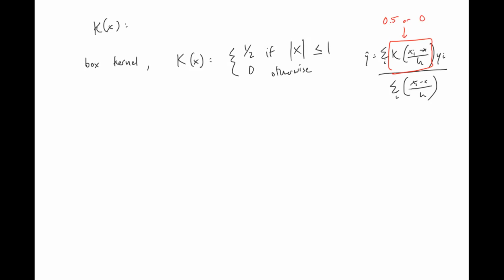And notice that it is dependent on my bandwidth here. And so the larger the bandwidth is, you are dividing by a larger number, which makes your kernel smaller. And so this term here is essentially strictly limiting the ability of points outside of the bandwidth from making contributions in the valuation here.